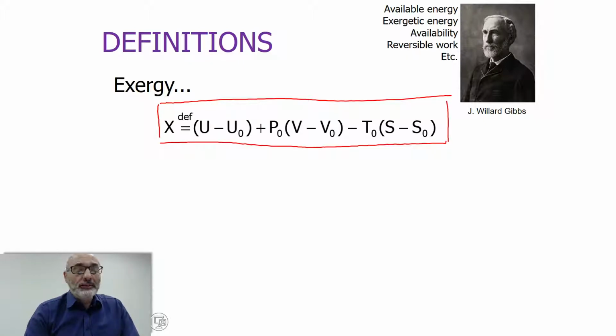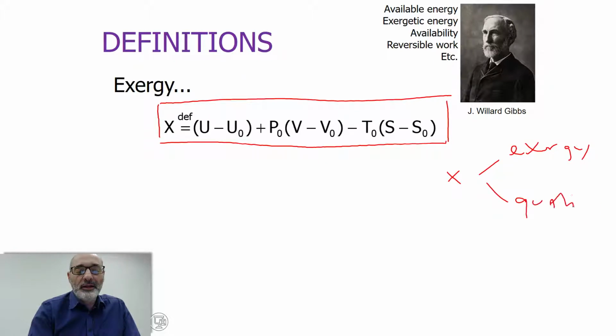An observation: sometimes I use the letter X to refer to exergy, but sometimes it's quality. Quality in Portuguese is título, okay? That's the mass of vapor divided by the total mass, the mass of the mixture, vapor plus liquid, okay?